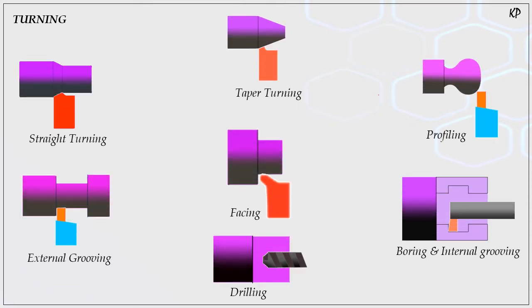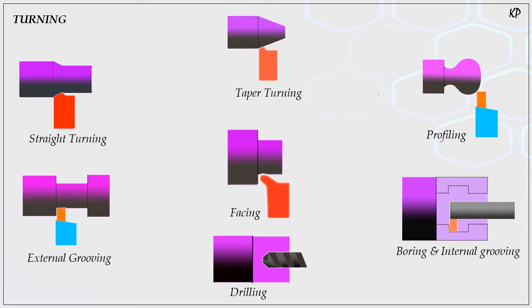In the turning process, your component is rotating and your tool, by which you are removing the material, is more or less moving in a linear direction according to our feed. This turning process is again subdivided into processes like straight turning, external grooving, taper turning, facing, drilling, profile turning, boring or internal grooving.